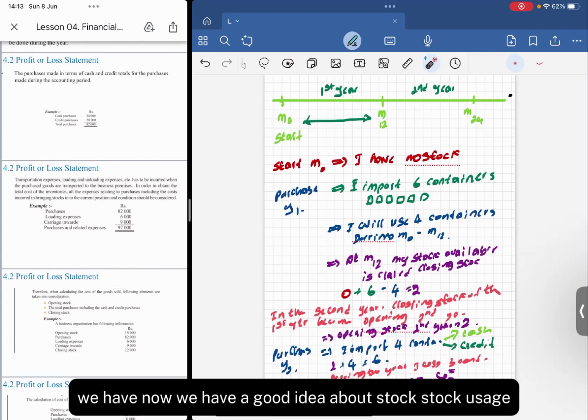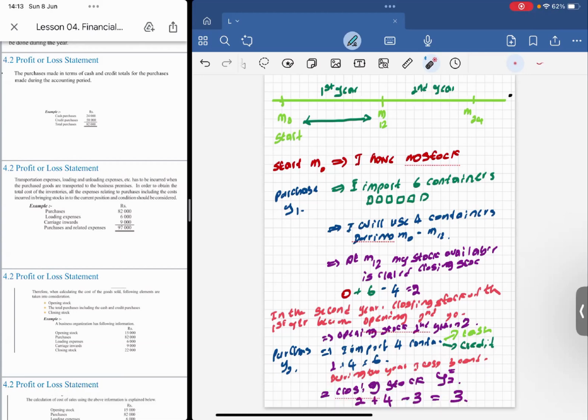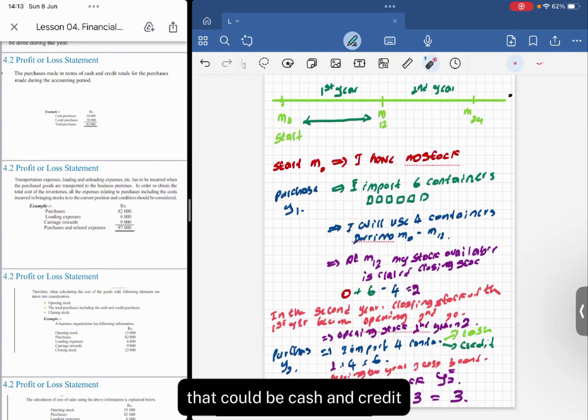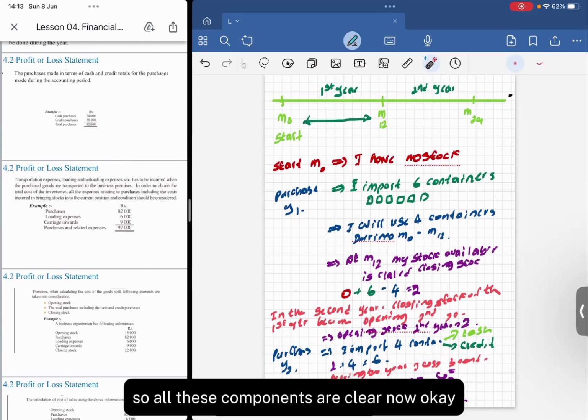So we have a good idea about stock usage: opening stock, purchases for a particular period, which could be cash and credit, and the closing stock. All these components are clear now.